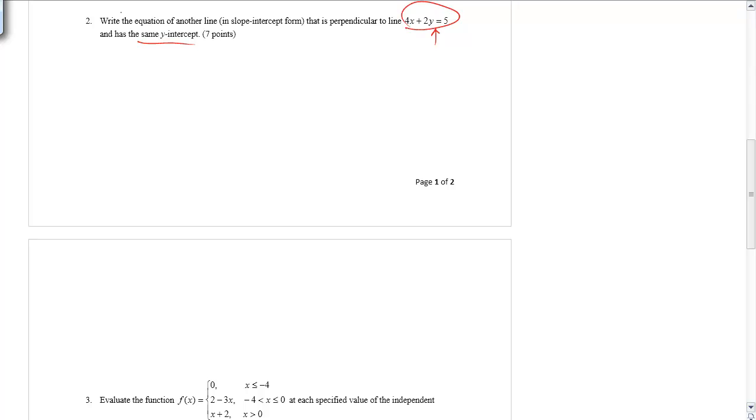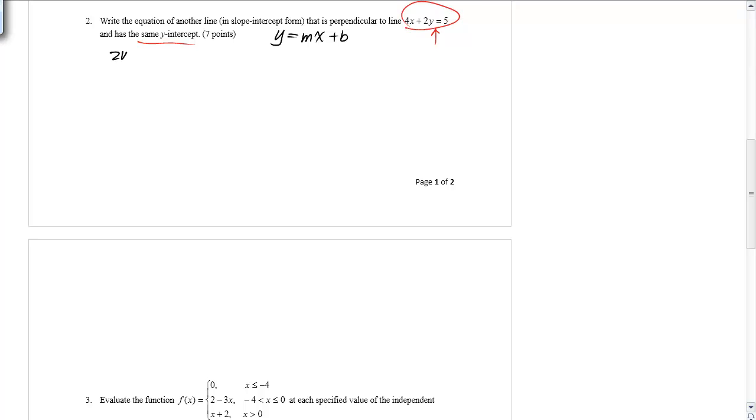Okay. To do that, we know the slope-intercept form looks like this: y equals mx plus b, with m being the slope and b being the y-intercept. Therefore, in order to rewrite this equation, we need to isolate y and leave it on the left-hand side.